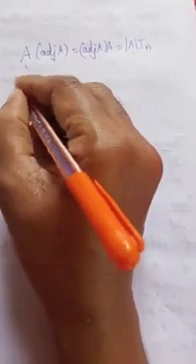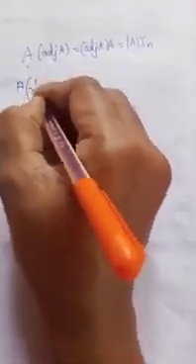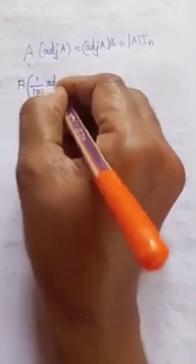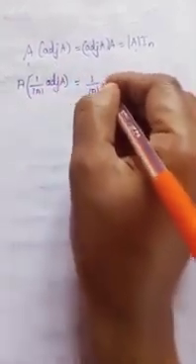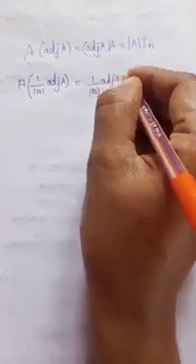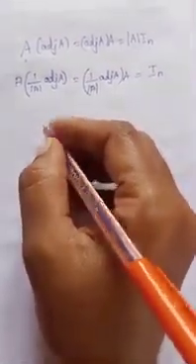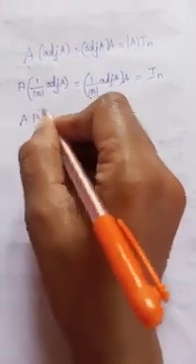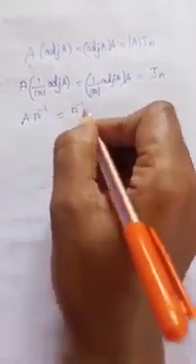Divide all the terms by determinant A. For our convenience, I am writing it in such a way: 1 by determinant A into adj A into A is equal to I_n. So if we write the same inverse formula, we get A into A inverse equals A inverse into A is equal to I_n.